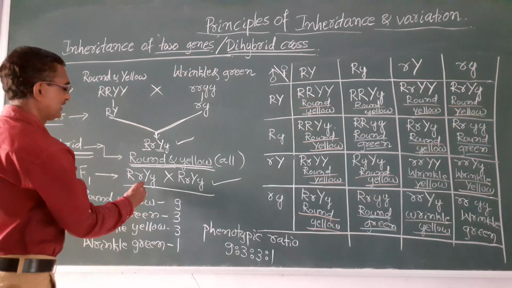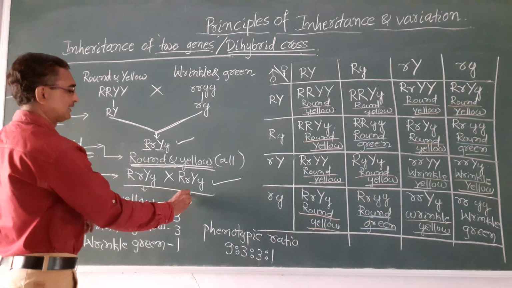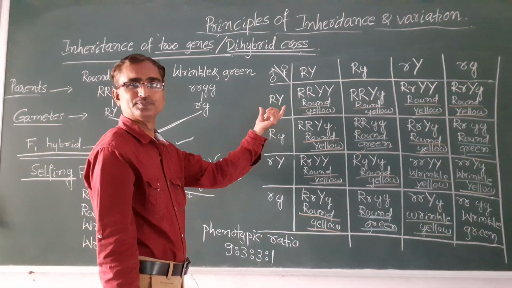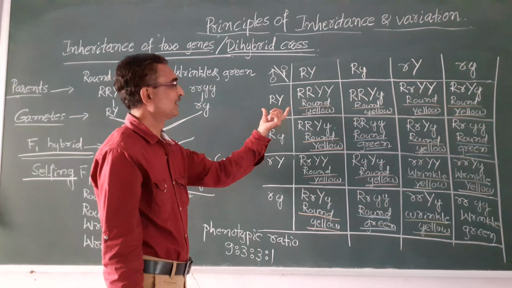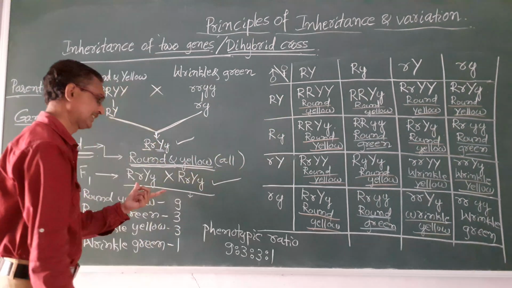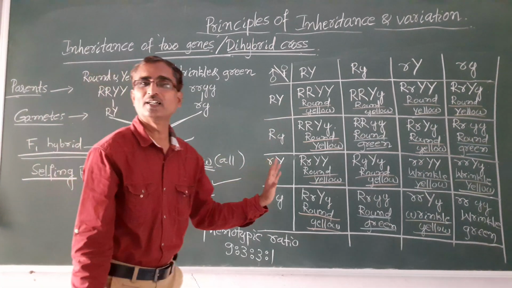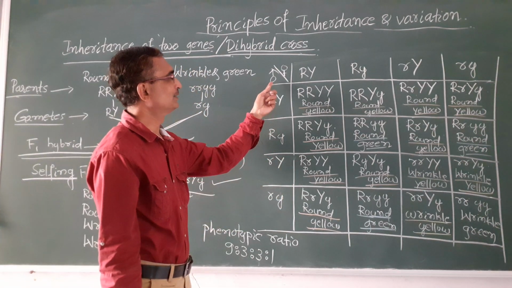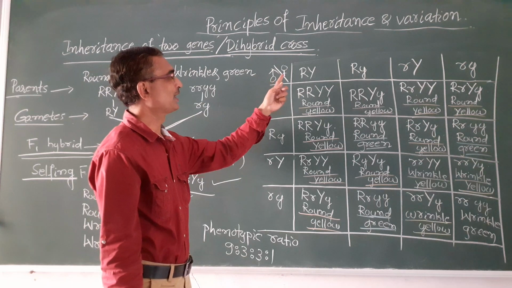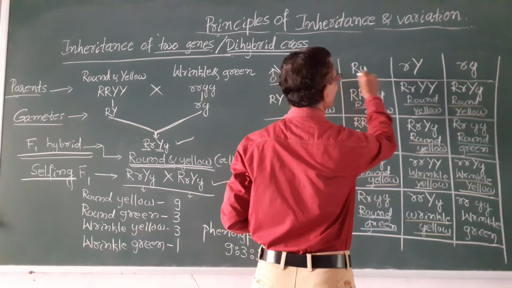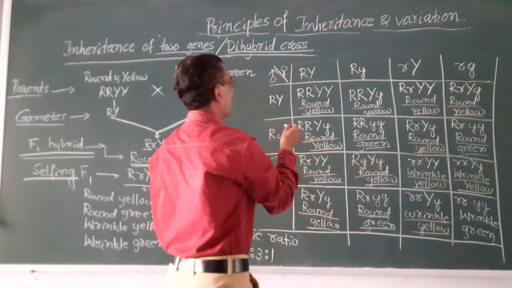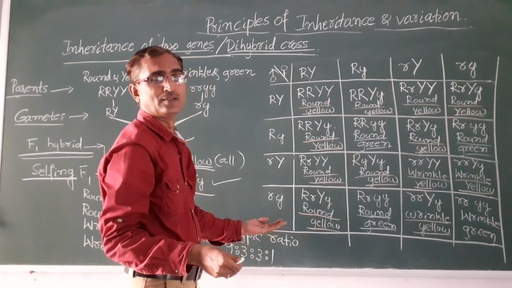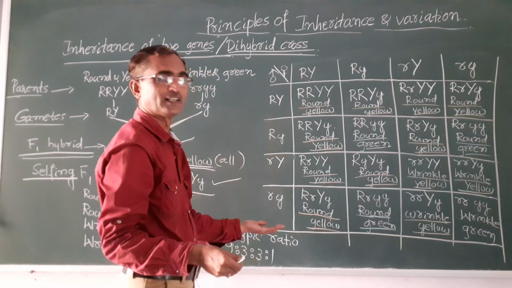Next, you see gametes are produced by both the parents, and the gametes of both these parents will be shown in a Punnett square. The female gametes are shown all along this horizontal line, and the male gametes are shown all along this vertical column.